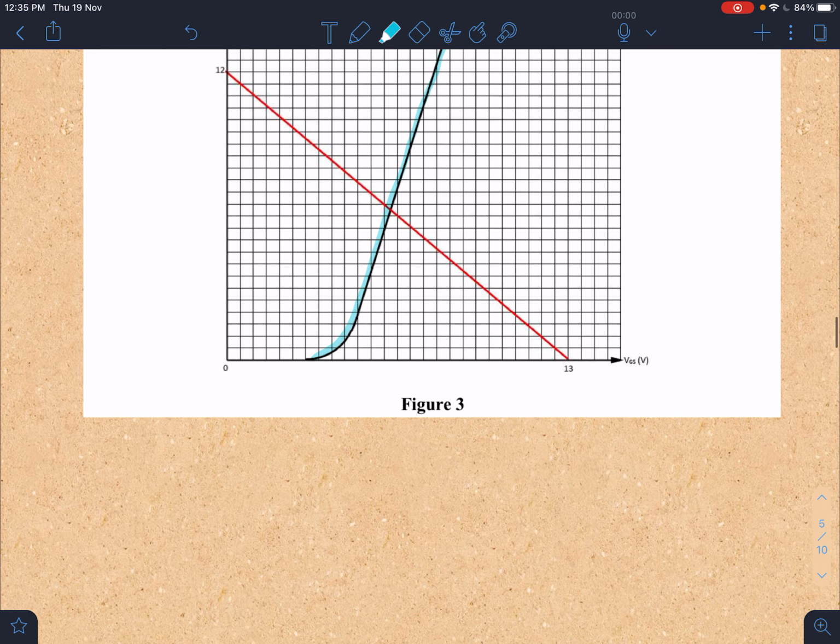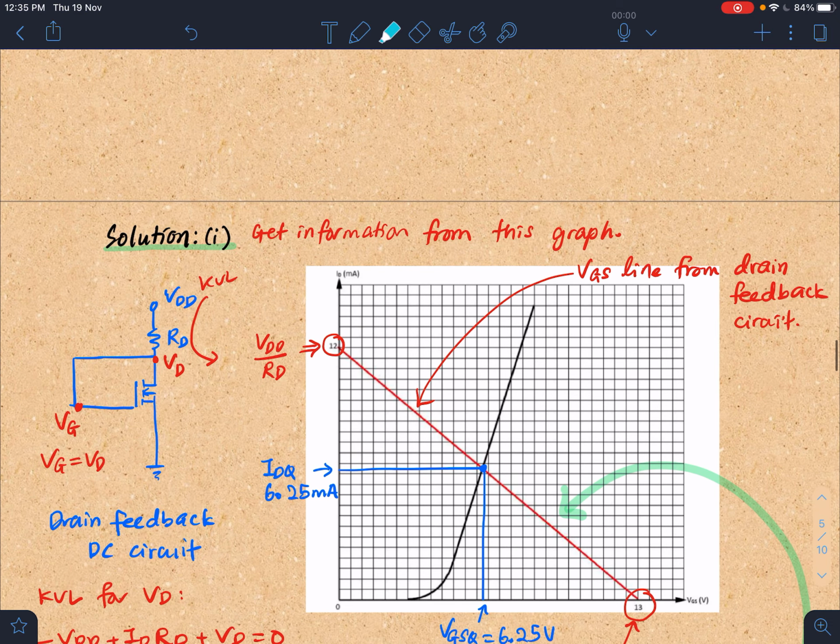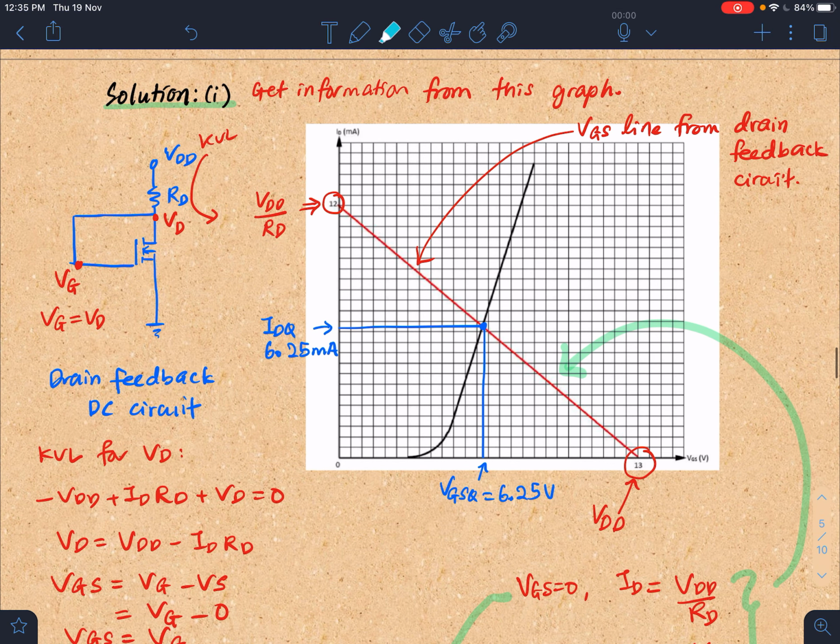Now we go to the solution for number 1. From the graph, we take out all the information given here. Can you see its value here? VGS equal to 13, and ID equal to 12. The red line here is the VGS line from the drain feedback circuit, the original line.